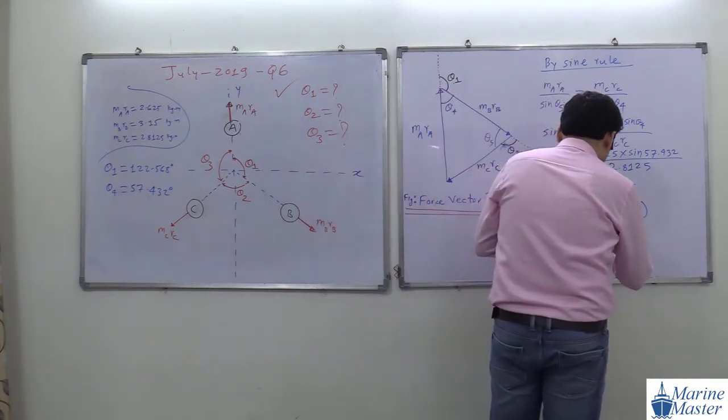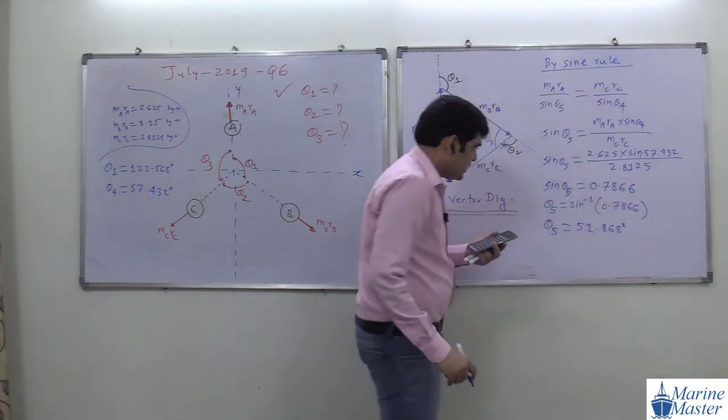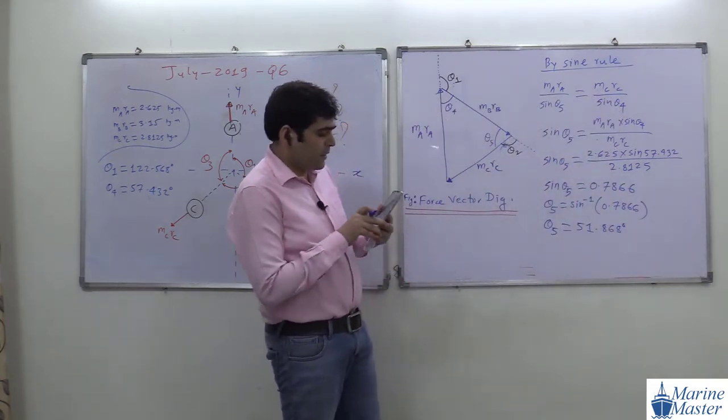Okay, 51.868 degrees. So we got theta 5.